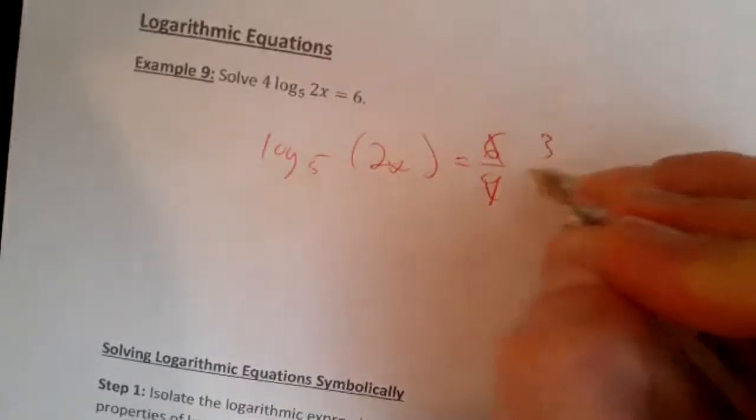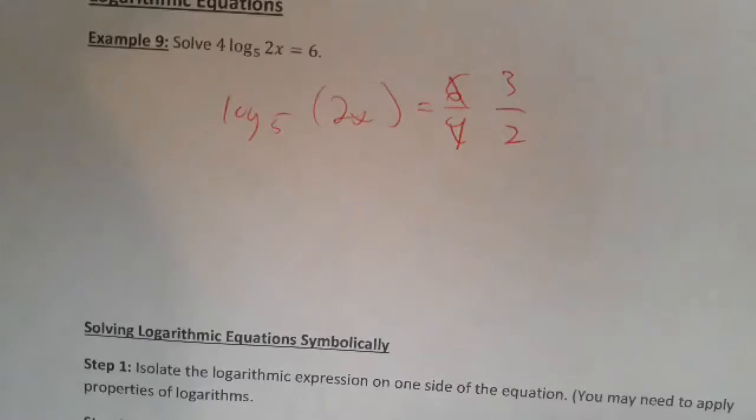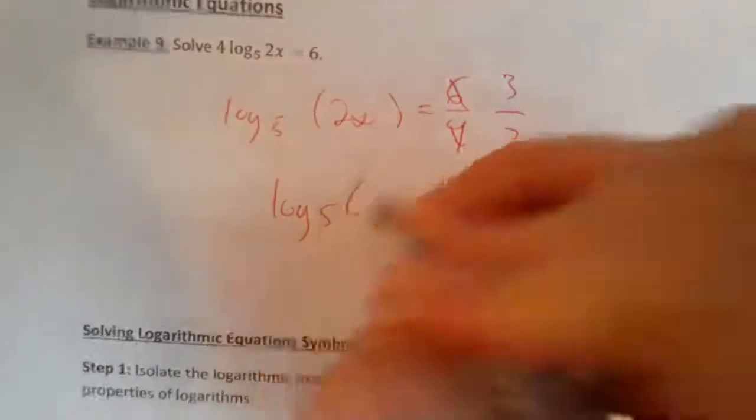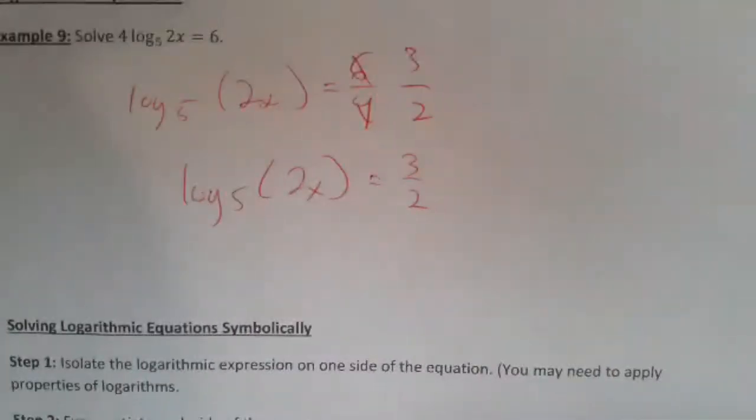Maybe I should simplify that. And so log base 5 of 2x is equal to 3/2. And so there's a few ways I can do this.